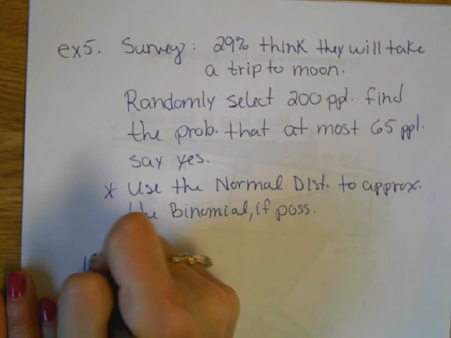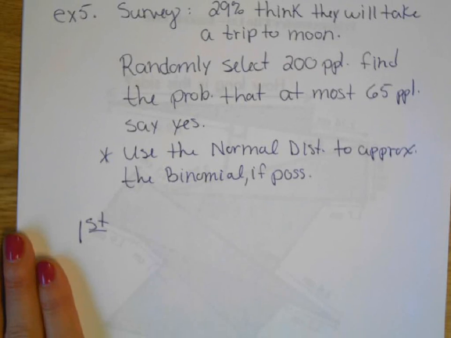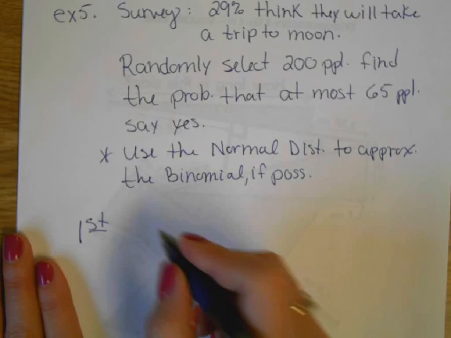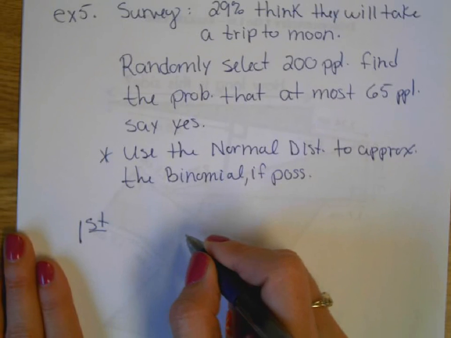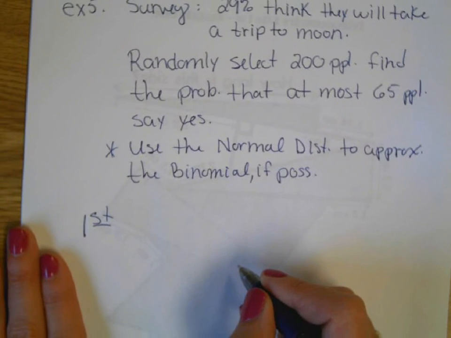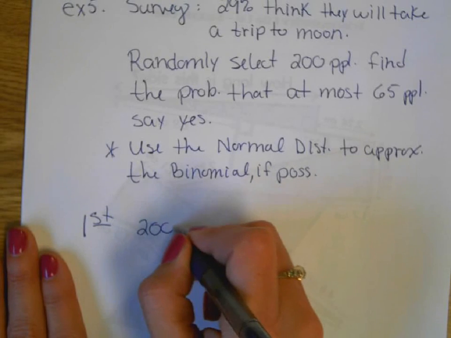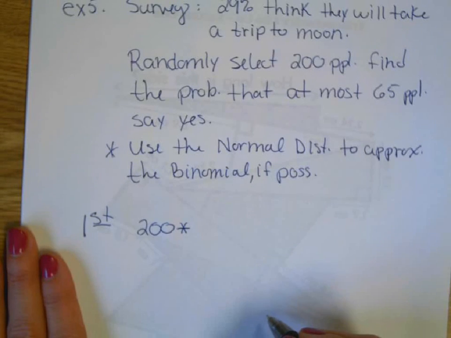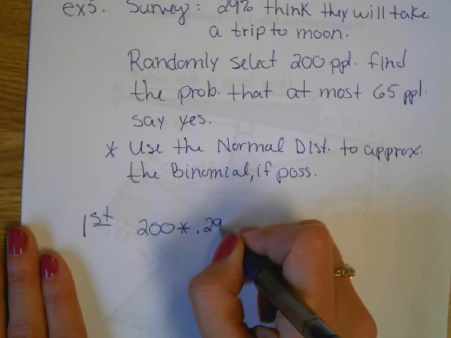So the first step is to check to see that the sample size is big enough to make it normal. So that's the n times p and the n times q both have to be greater than or equal to 5. What's my n in this problem? N is 200. And p, the probability of success, is 0.29.